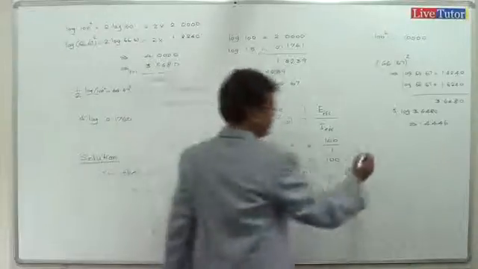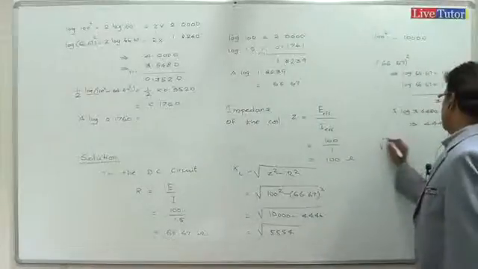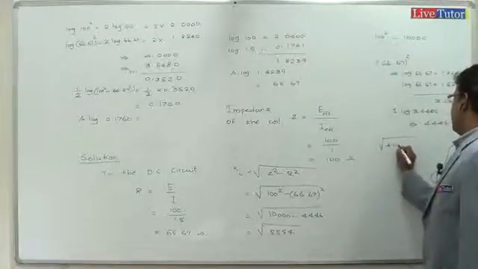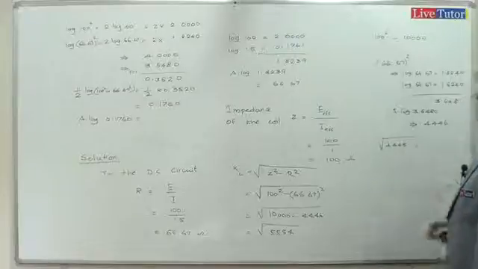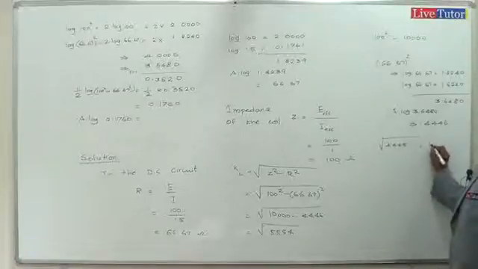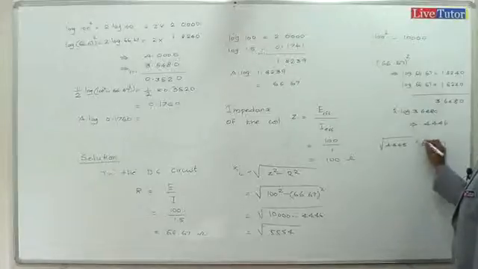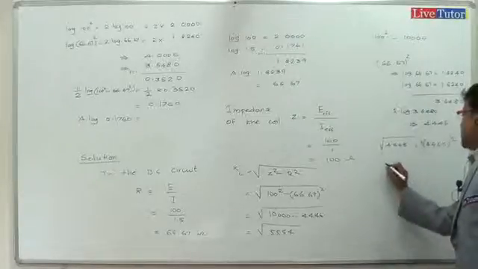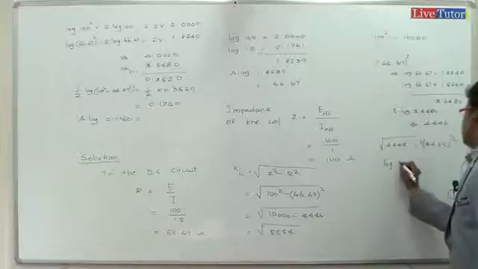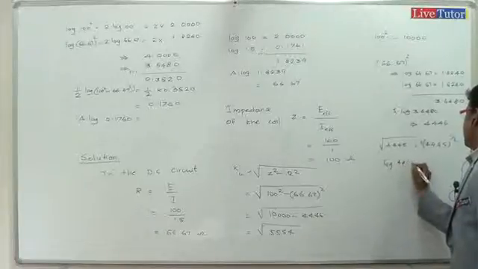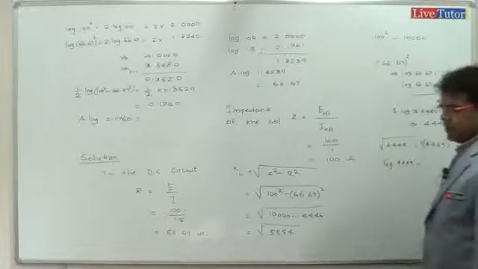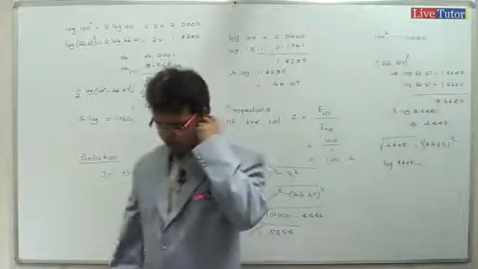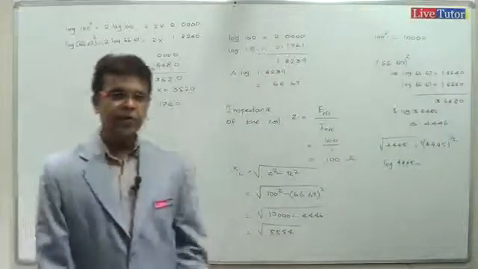Okay. Now for taking the square root of 5554, you can write this as 5554 power half. So how to find out the log of 5554? Find out the log value.